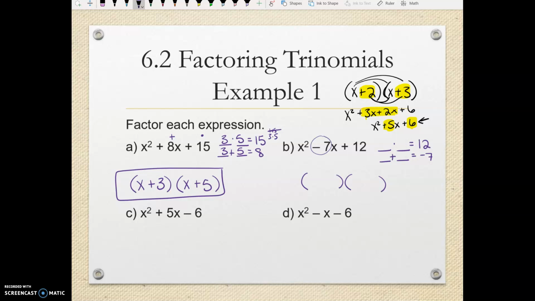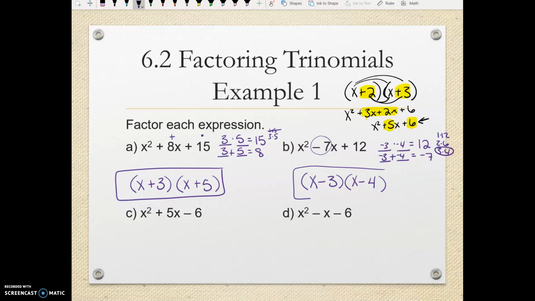But in order to multiply to be positive, the only way to get a positive 12 is to do a positive times a positive or a negative times a negative. So this time we need negative times negative so that we have negative plus negative to give us that negative number. Got 1 times 12, 2 times 6, 3 times 4. I think 3 and 4 is how we're going to get there. Negative 3 and negative 4. So x minus 3, x minus 4.